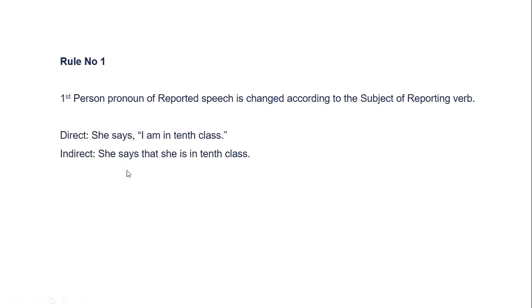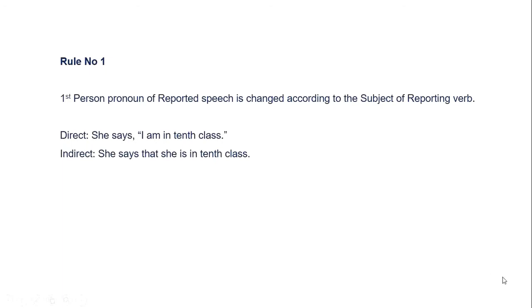So here, I will be changed to she. She says that, here I am in 10th class, you have to write she is in 10th class. Why she? Because the reporting verb's subject is she.